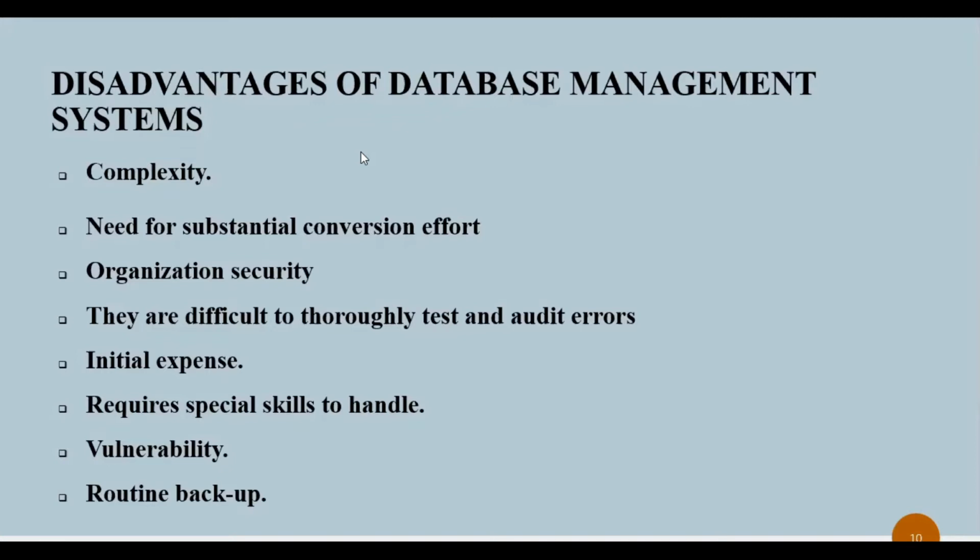So sometimes to go through the errors and to test, it is very difficult, because as you solve one error, another is being created because the way you're solving the first error is not okay. So it requires thorough testing and auditing, but because of these errors, it becomes difficult.